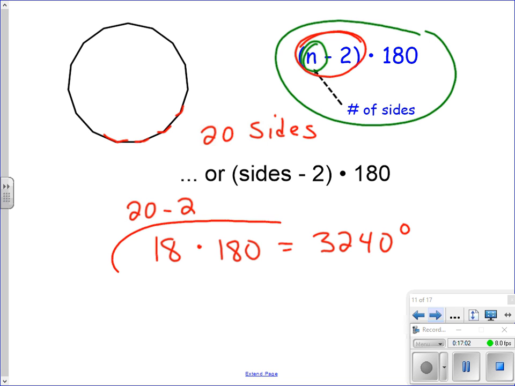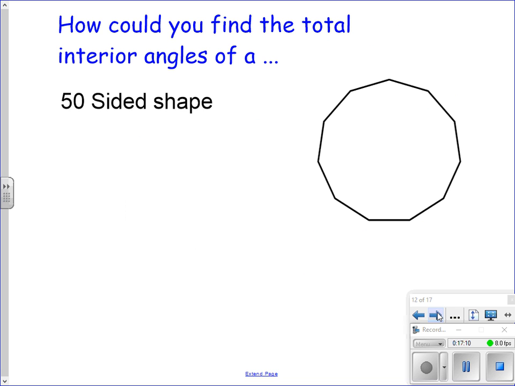The grand total, or the sum, would be 3240. So if you had a 50-sided shape, just simply subtract 2, which would be 48 triangles, and times that by 180. That's the shortcut. And then you would find out what the total inside that polygon is.